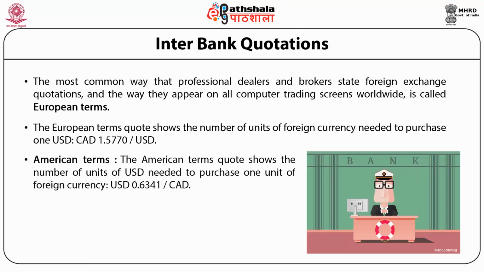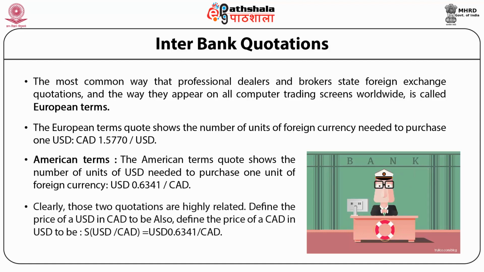American terms quote shows the number of units of US dollars needed to purchase one unit of foreign currency. For example, the reverse will be 1 Canadian dollar is 0.6341 US dollars. Clearly, the two quotations are highly related.